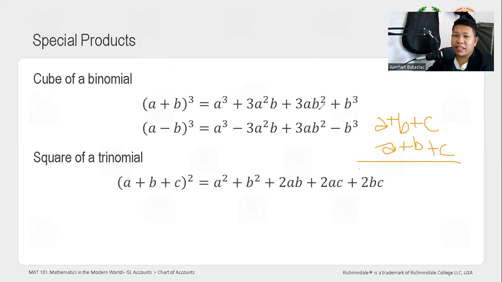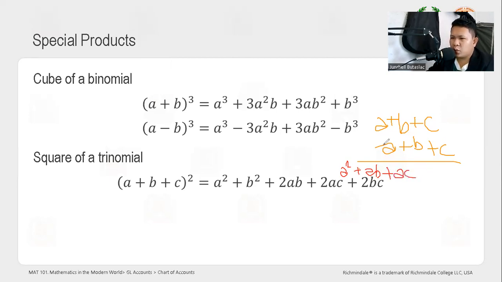So a times a, I'll use another color. A times a, that's a squared. A times b, that's ab. A times c, that's ac, not air conditioner, but that is ac.